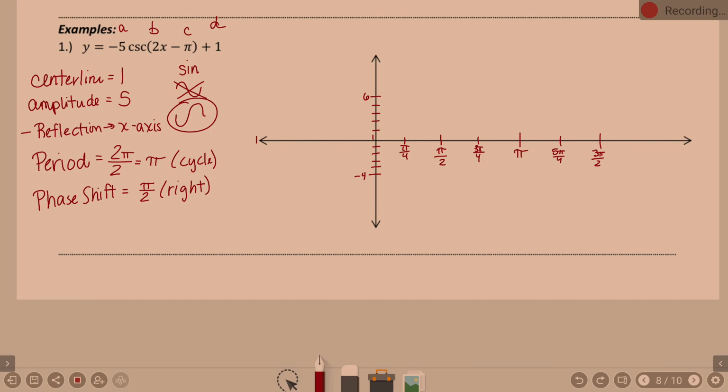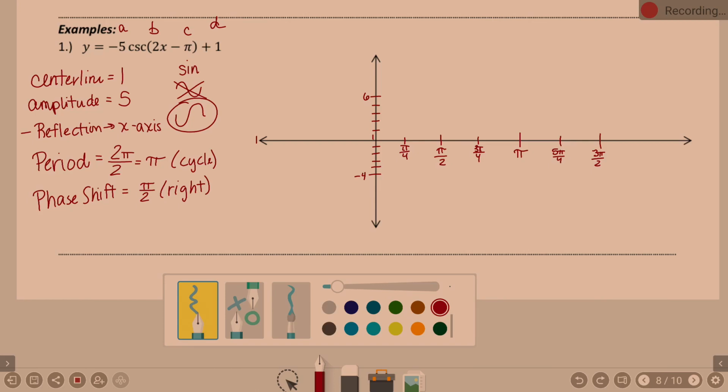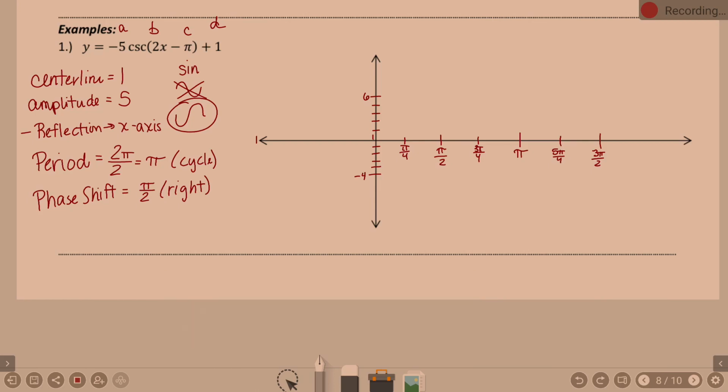We need the initial, what am I graphing? Sine with a period of pi. Can you do it? So forget the phase shift right now. We're going from 0 to pi, and we need to put, oh, not just a sine curve though, a reflected sine curve. And here's the deal. I may draw this sine curve multiple times, but I'm not doing my parabolas until I'm done.